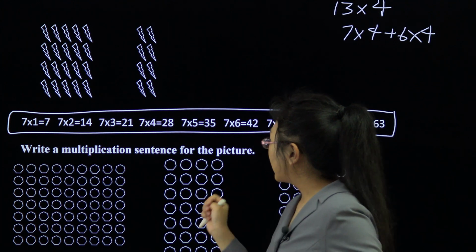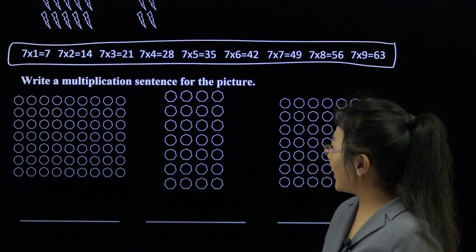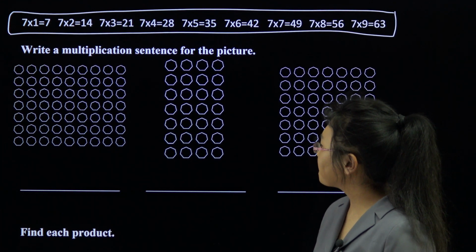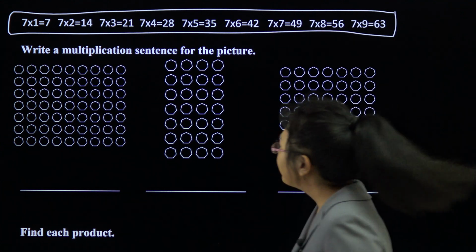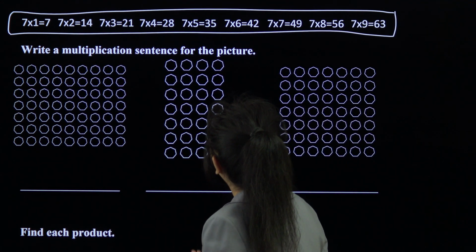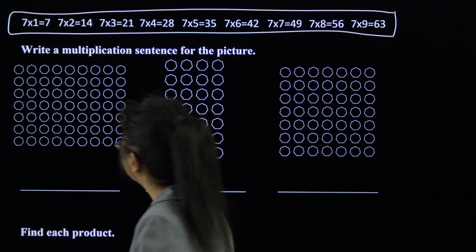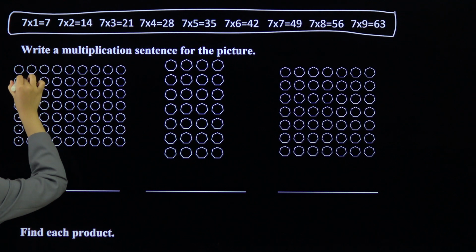Now we're going to do some multiplication sentence identification. I guess you could call it that. Anyhow, write a multiplication sentence for each picture, technically. We have 1, 2, 3, 4, 5, 6, 7.